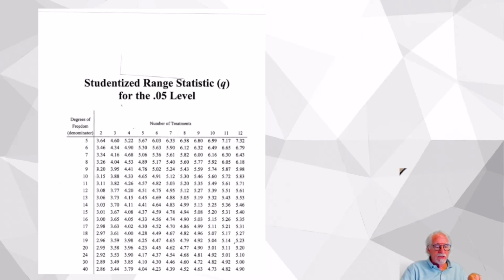So we do reject the null hypothesis. 3.8 is bigger than 3.5, so for groups A versus C, we do reject the null hypothesis. Now for B and C, we have the observed value of 3.4, which is less than the critical value of 3.54. And so we do not reject the null hypothesis.